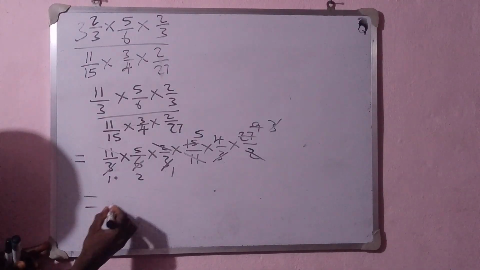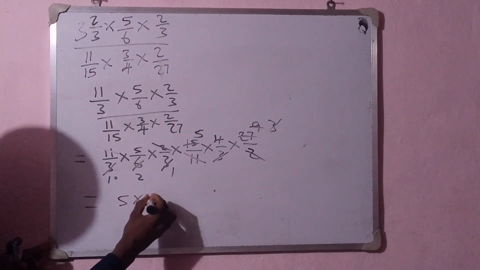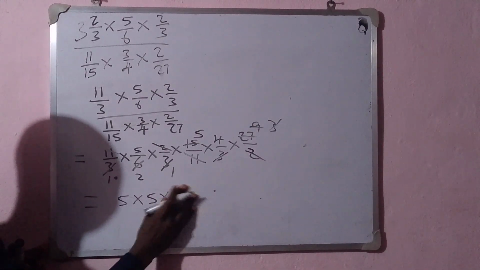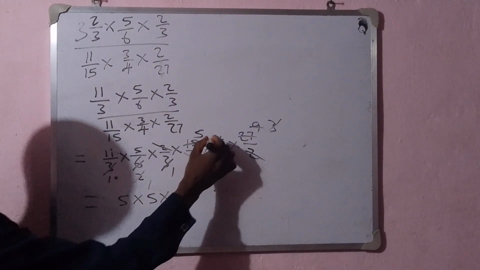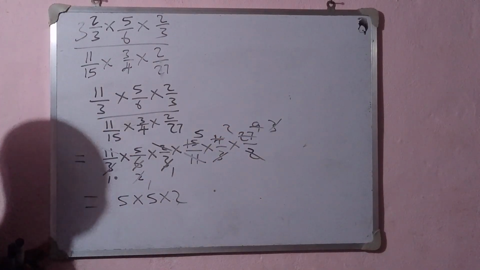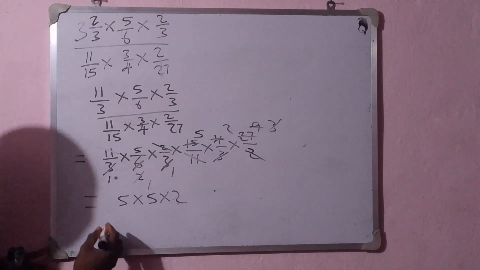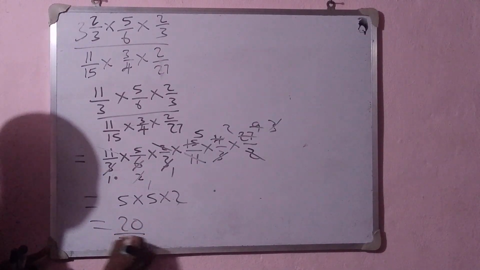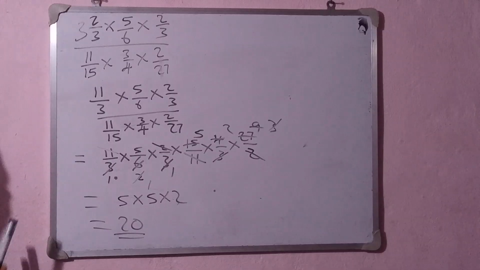We are finally left with 5 times 5 times 4, sorry, you see 2 here 1, 2 here 2, so multiply by 2. So here you can observe that we have only this left, so our answer will be 20. So this is how we solve this.